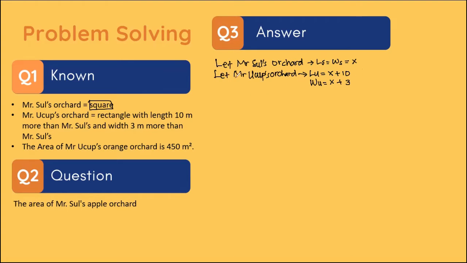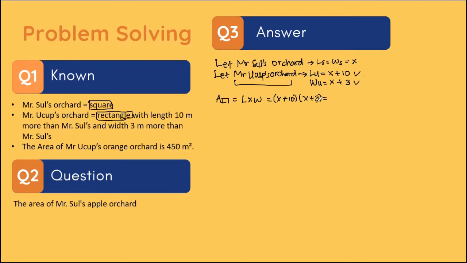Okay, we know that Mr. Ucup's orchard is a rectangle. And the area of a rectangle we can write like this: length times width. And here we get the length is x plus 10 and the width is x plus 3.